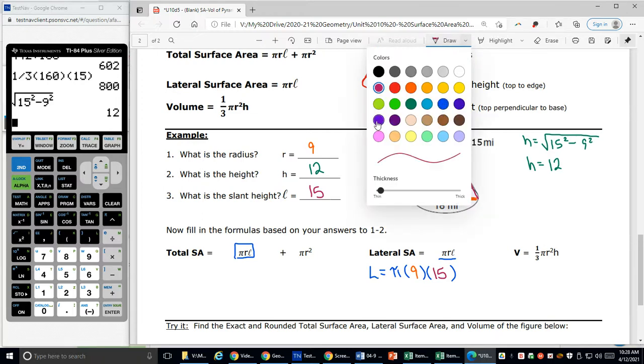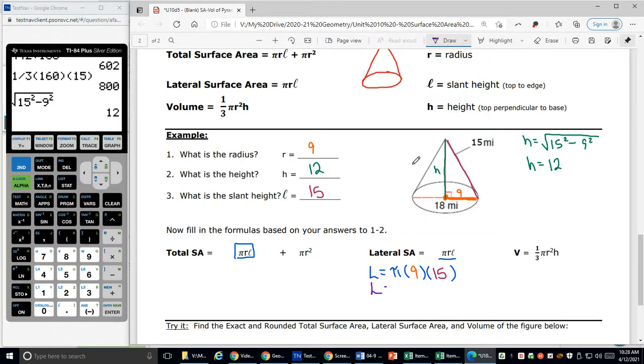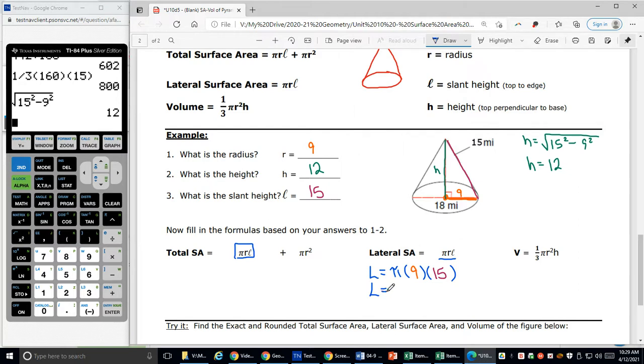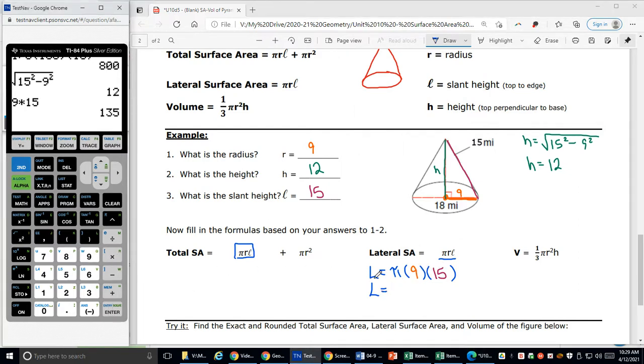Just like when we did our prisms and cylinders, we looked at our exact answers and our rounded answers. We're going to do the same thing with our cones. I'm going to do just the 9 times the 15, which is 135. I didn't put the pi in the calculator, so I'm still going to write it here: 135 pi miles squared. Then I can have my approximate answer when I multiply times pi.